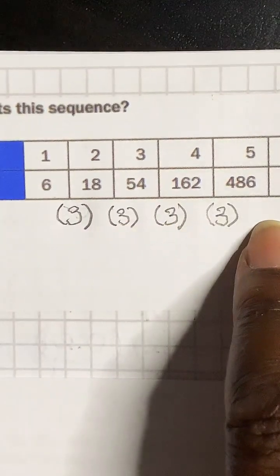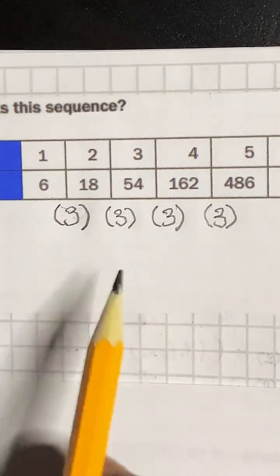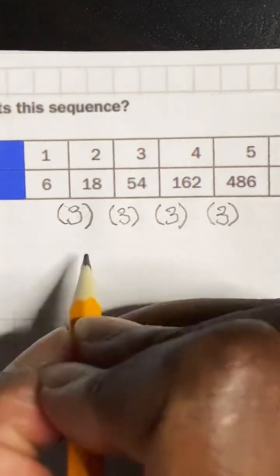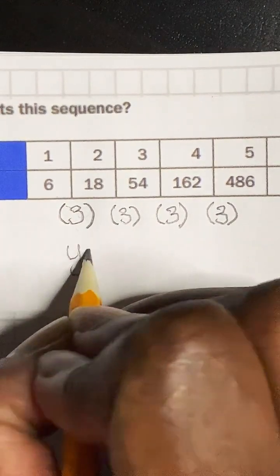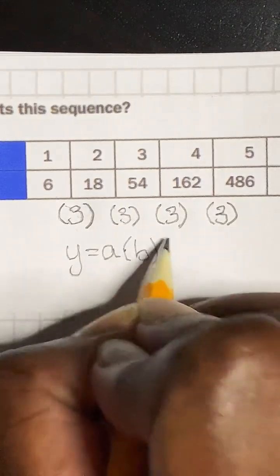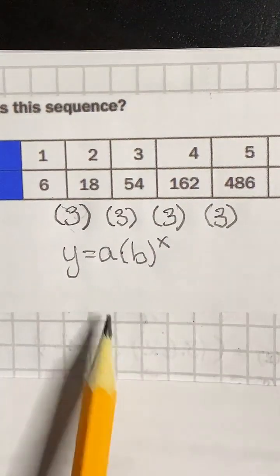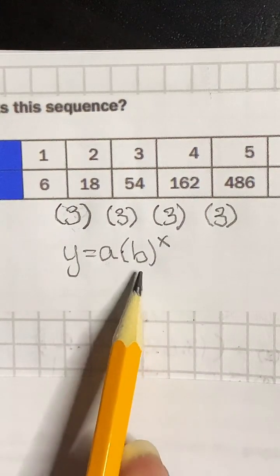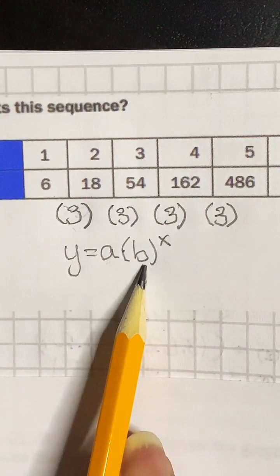This is your rate. So that means this is not going to be my a. Remember the whole formula? a times b raised to the x. The 3's are not going to be my a. It's going to be my b.